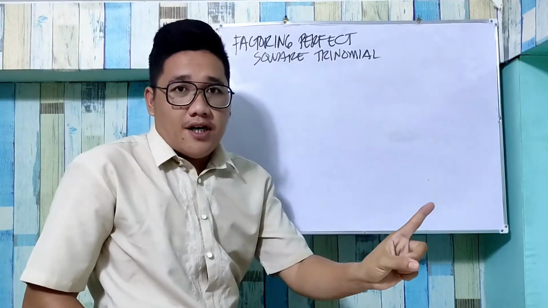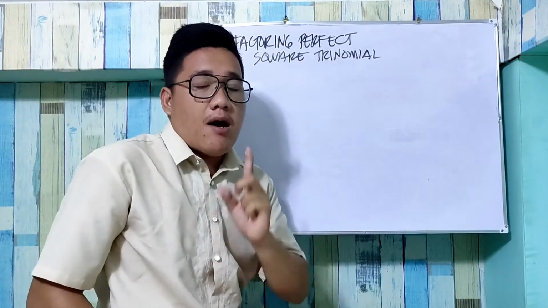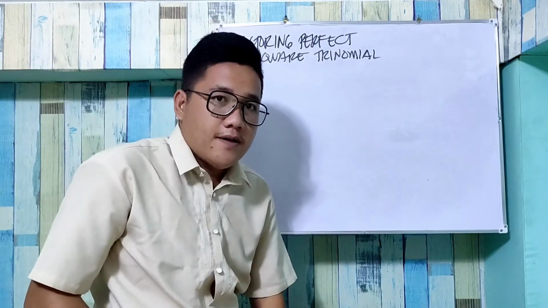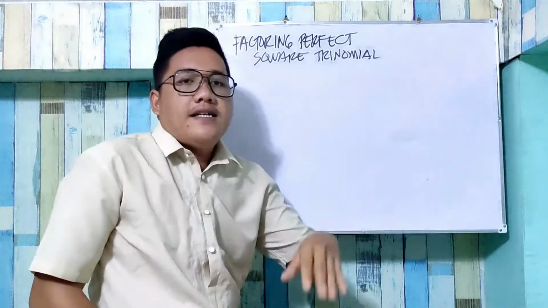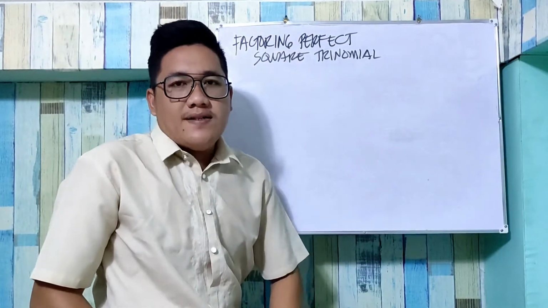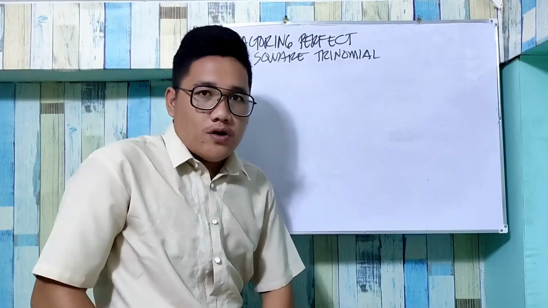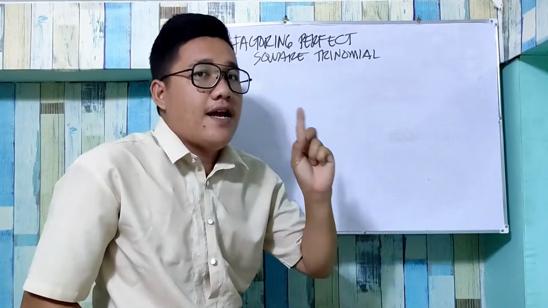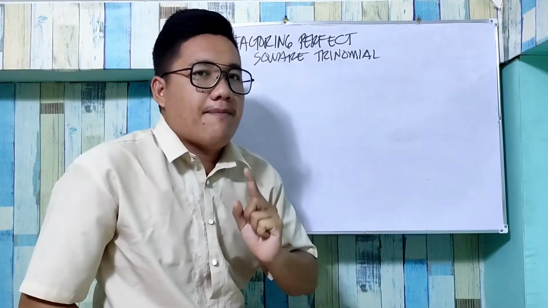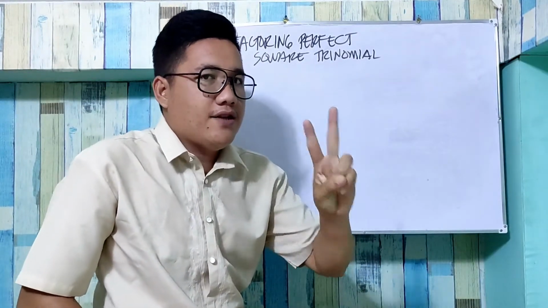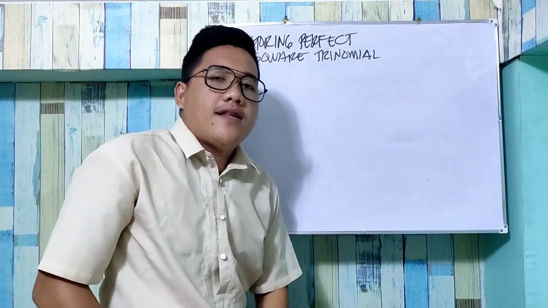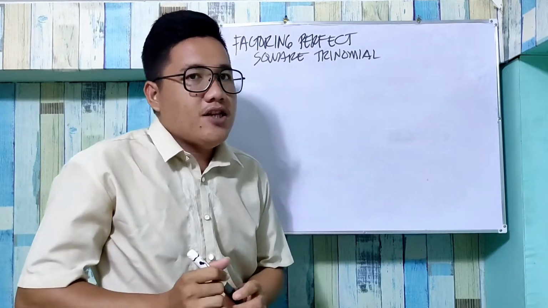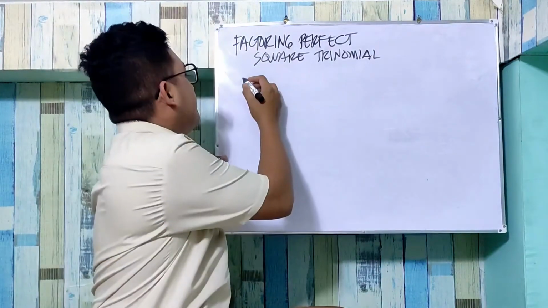So, the first term and the last term must be a perfect square. Next, pangalawang tandaan dapat natin is the middle term is twice the product of the square root of the first and last term.